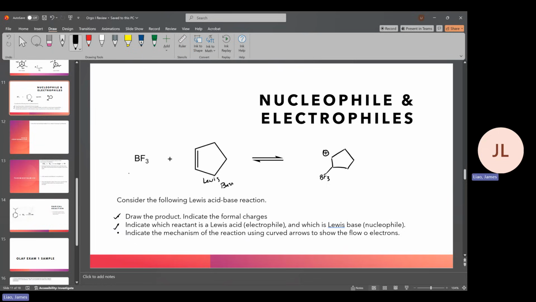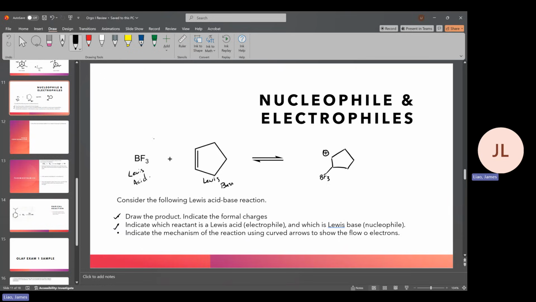Then the BF3 is a Lewis acid. Now, how can I tell very easily? Well, the double bond does contain pairs of electrons. So this pi bond is going to have some electron density. So it's electron rich, making it a Lewis base and nucleophile.